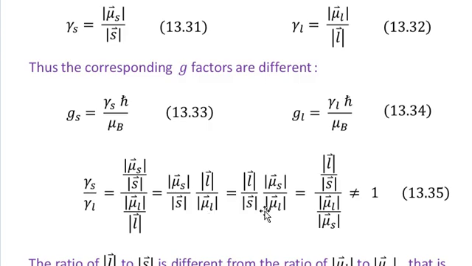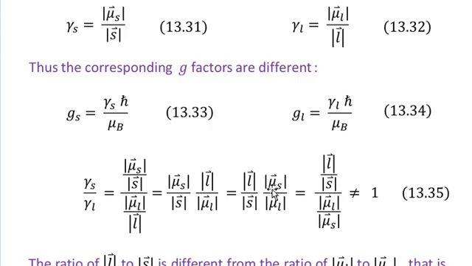And then you see that I can rearrange these ratios, that is, the absolute value of orbital angular momentum to the absolute value of spin angular momentum, multiplied by a factor which gives you the ratio of the spin magnetic moment to the orbital magnetic moment of the atom.